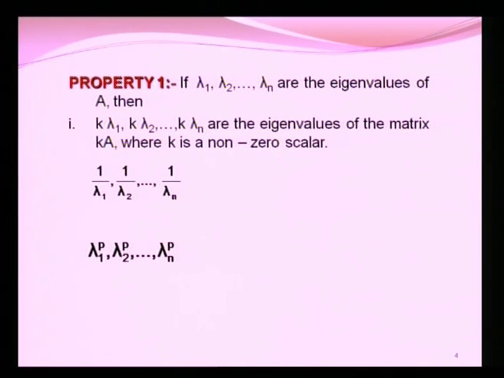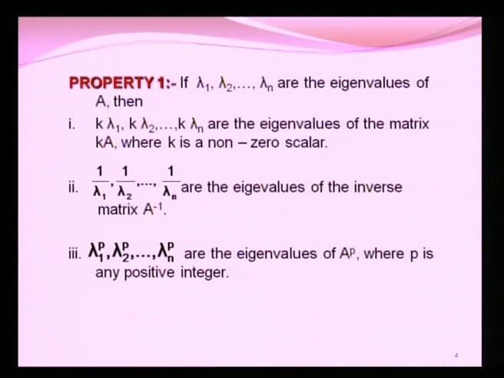In the same way, if lambda 1, lambda 2 up to lambda n are the eigenvalues of A, then k into lambda 1, k into lambda 2 up to k into lambda n are the eigenvalues of the matrix kA, where k is a non-zero scalar.